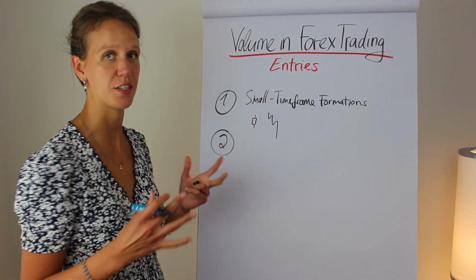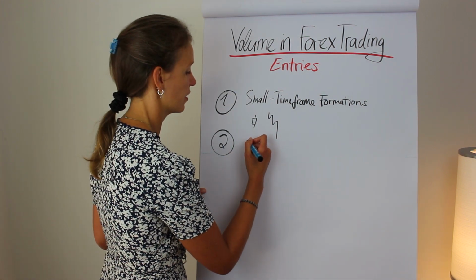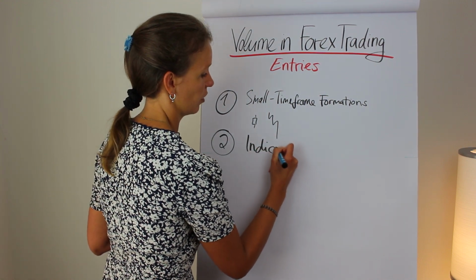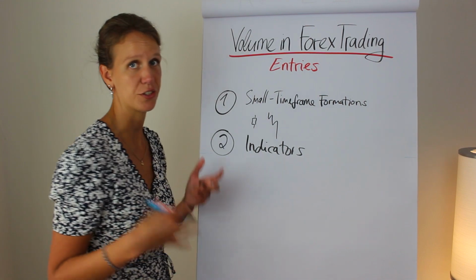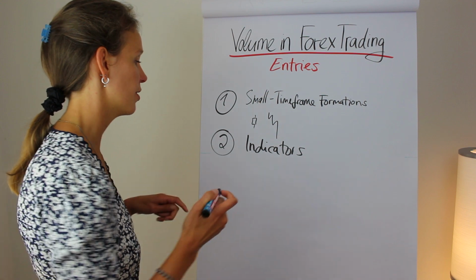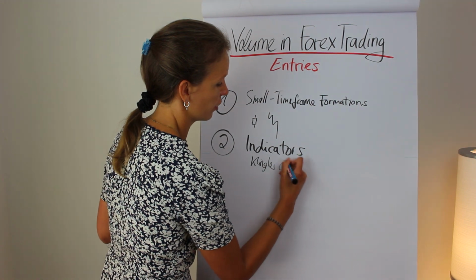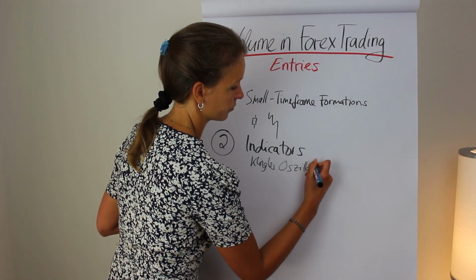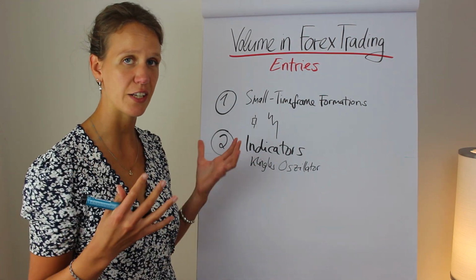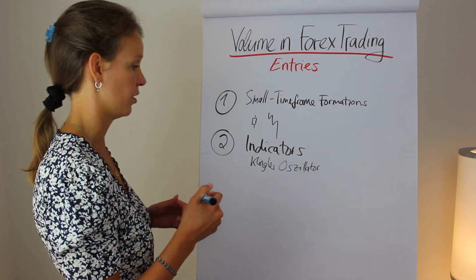So second, of course, there are more different possibilities, and the second option is using indicators. Of course, there are a lot of different indicators that you can use for volume also in the Forex market, but in this example today we will have a look at the Klinger oscillator. And the Klinger oscillator, for example, is a calculation that tells you in percent how strong the volume is.